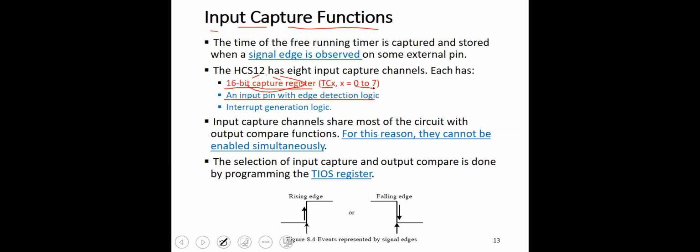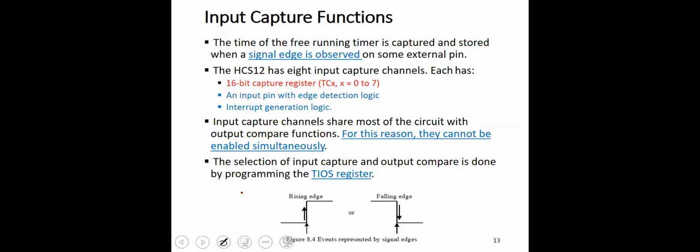So there are 8 input capture pins or channels, and there are 8 capture registers. If these channels are used for input capture operations, then these registers are used to capture the time of the event when it occurs.